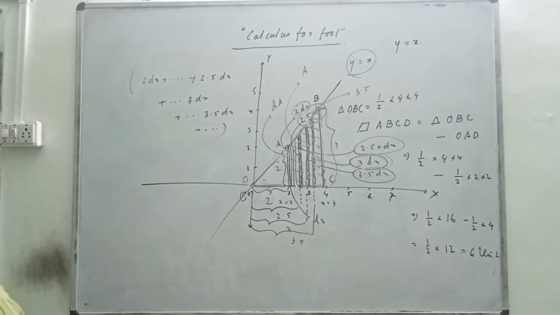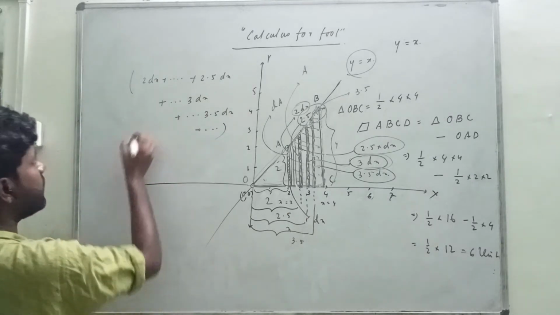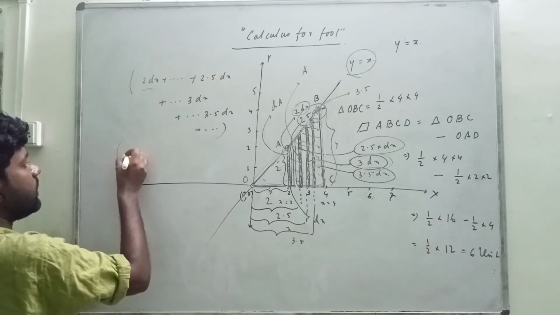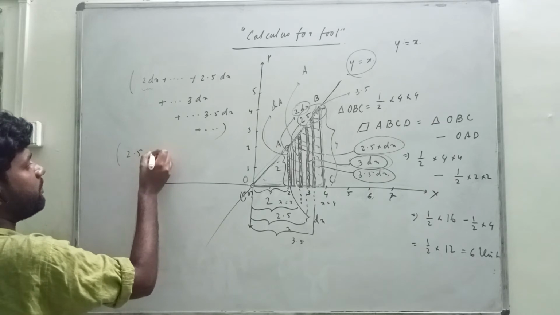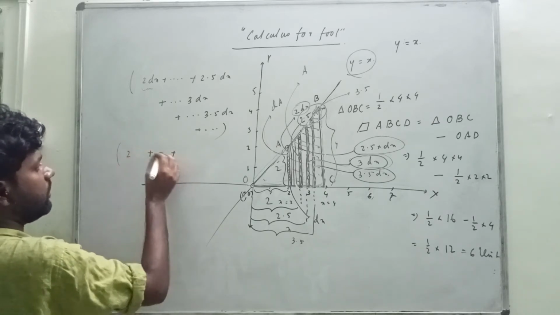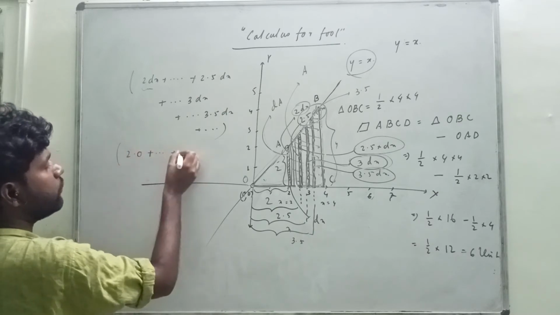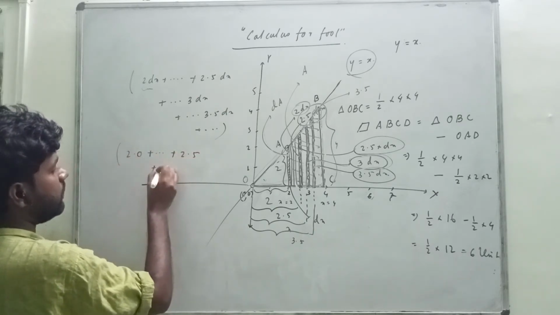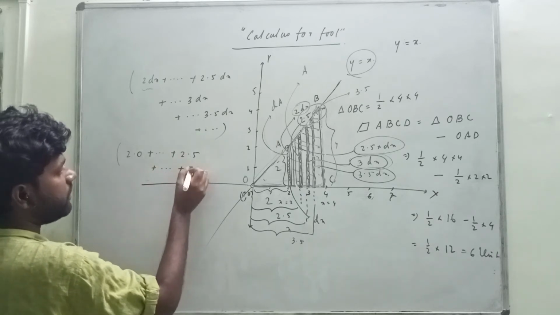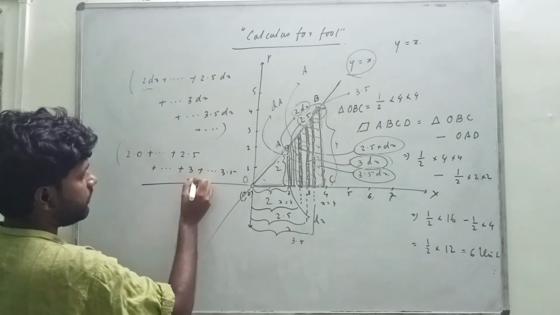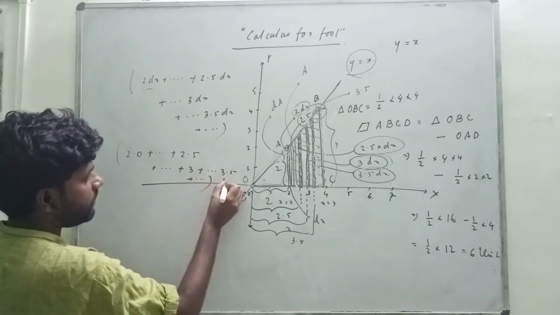Now take dx as the common factor. I am left with 2 plus dot dot dot, 2.5 plus dot dot dot, 3 plus dot dot dot, 3.5 plus dot dot dot, times dx, right?